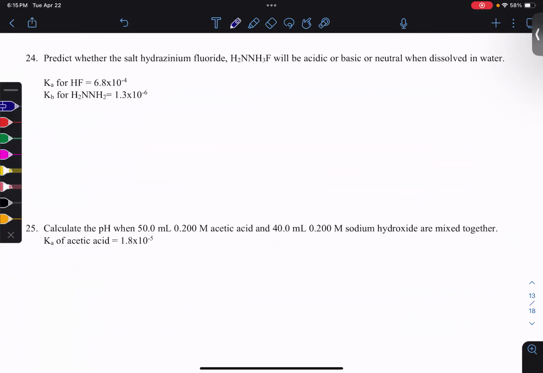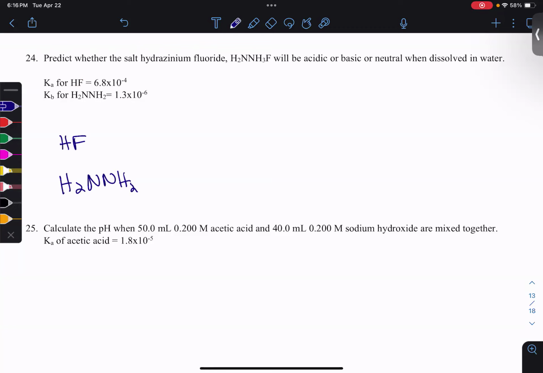Okay, so predict whether this salt will be acidic, basic, or neutral when dissolved in water. Okay, so for funsies. All right. If you put HF into water, the pH should be what? Acidic, very good. If you put H2NNH2 into water, the solution should be basic.